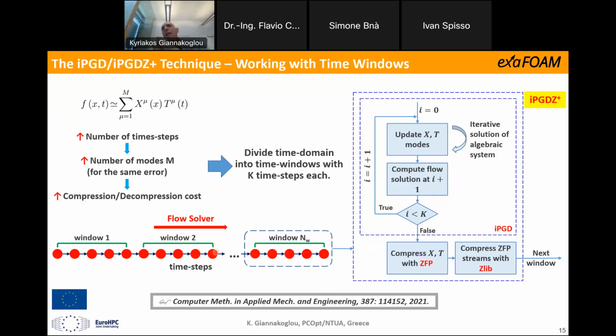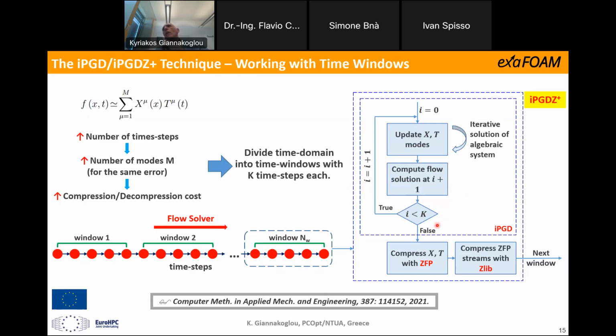So practically the user defines a number, let me call it K, of time windows. And the advantage here is that for each different time window, some might even have a different number of modes M. So for each time window, if you see here on the right, we are first using IPGD to compress everything.